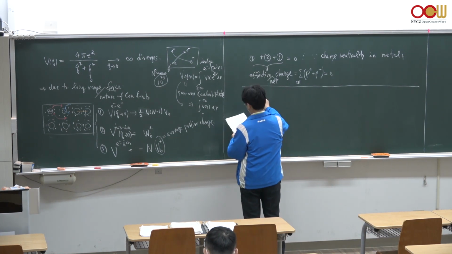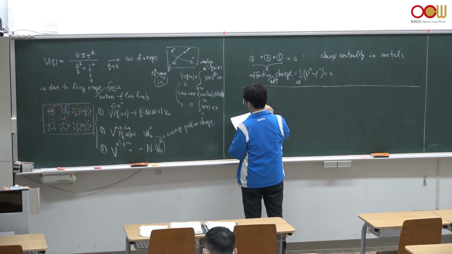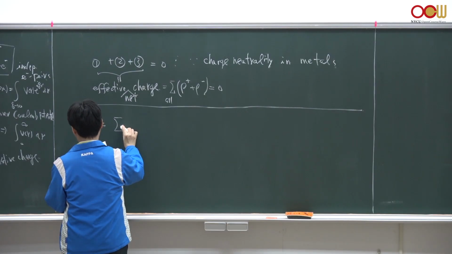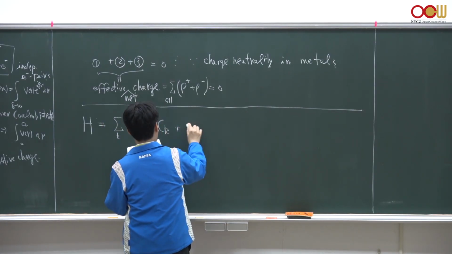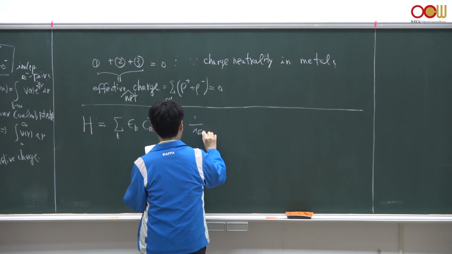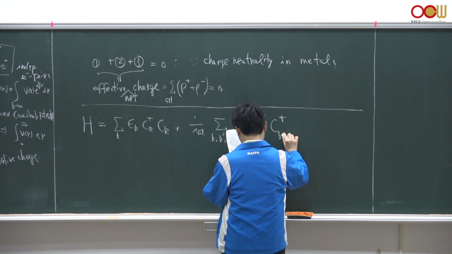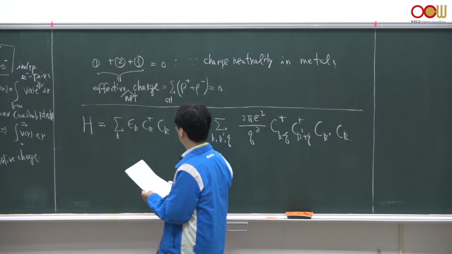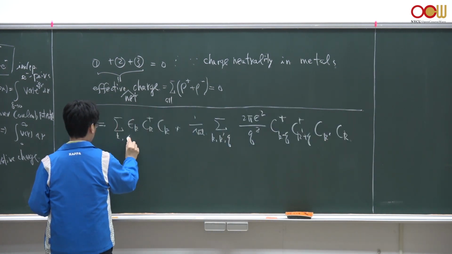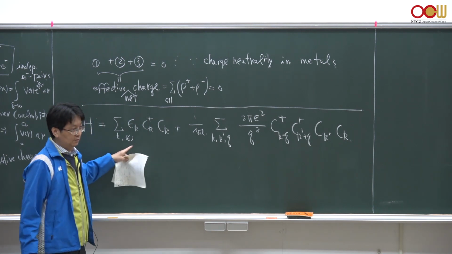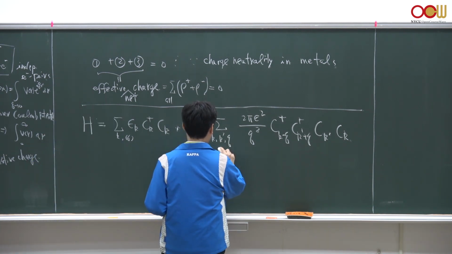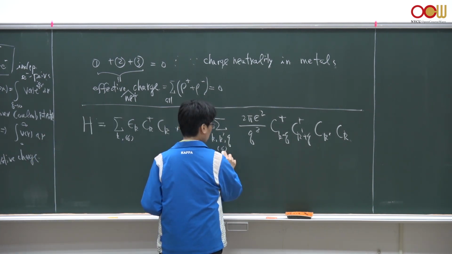So let's summarize the Hamiltonian of a metal, including this electron Coulomb energy. Suppose this Coulomb energy is long range, and of course there's a summation over spin, but for the moment I don't include the spin here.